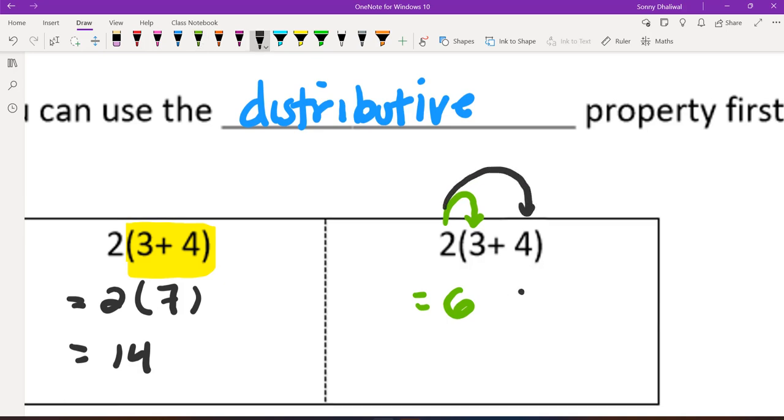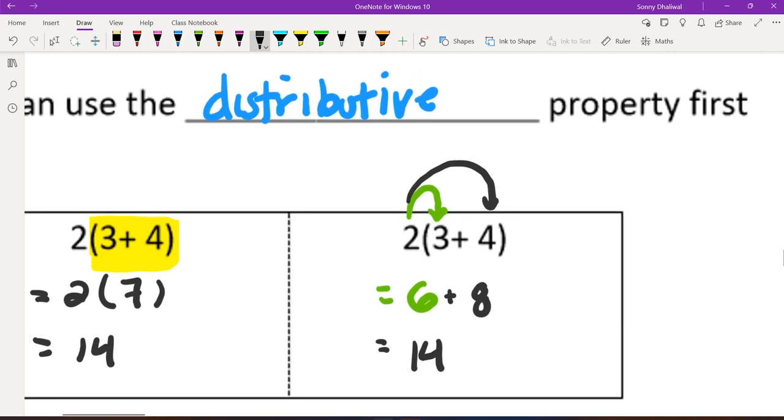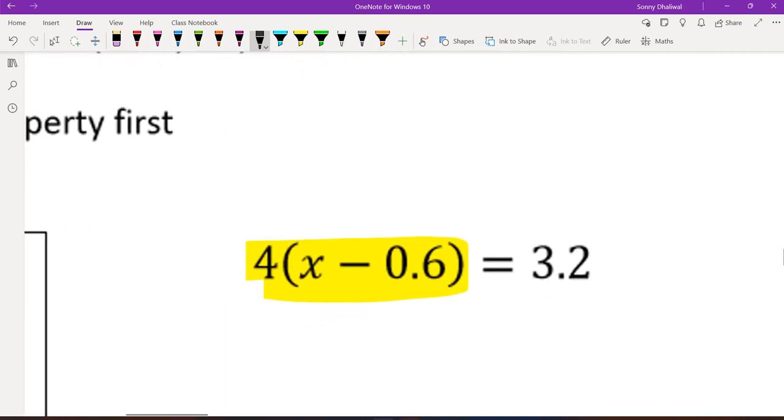That's 8, and we have a plus sign between them. And we had 6 plus 8, and we still get 14. So the distributive property was just another way of doing our calculations without necessarily having to follow the BEDMAS order. All right, Evan, you remember that? Yeah, I do.